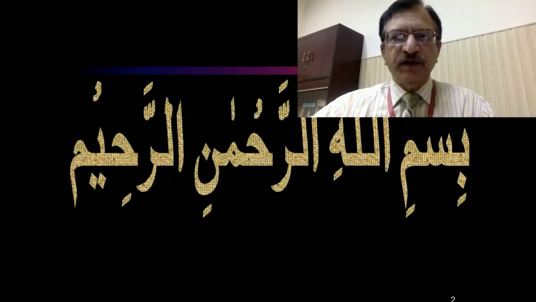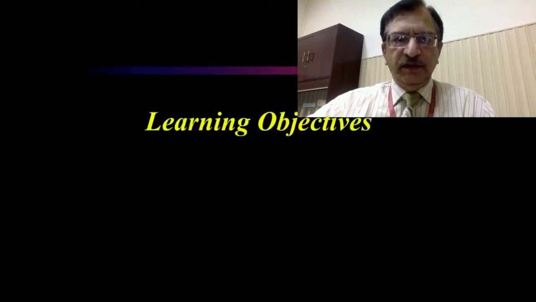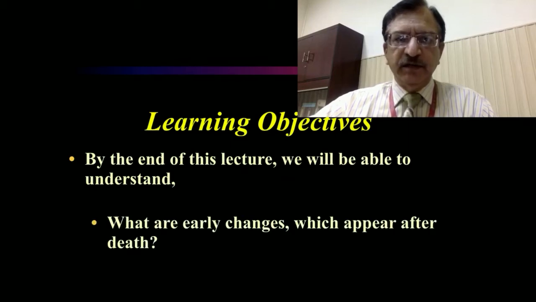And now I'm going to start the seventh lecture on the topic of thanatology. The learning objectives of this lecture are that by the end of this lecture, we will be able to understand what the early changes are which appear after death.